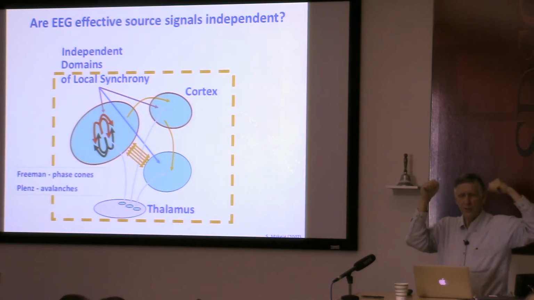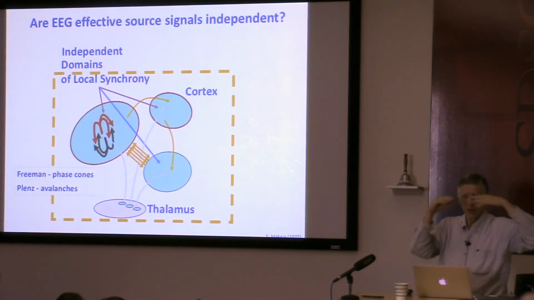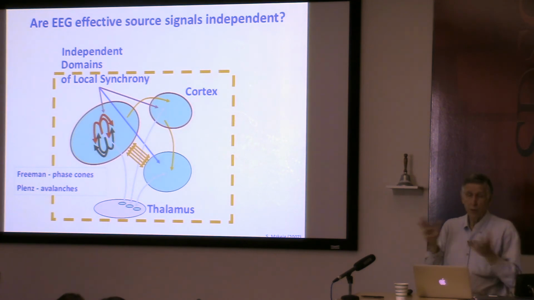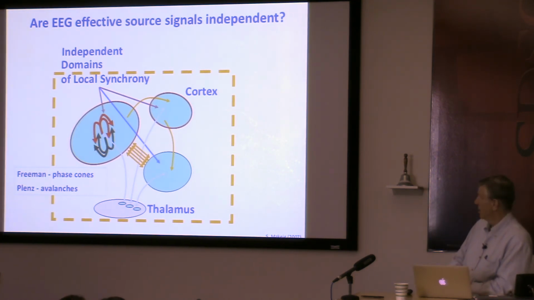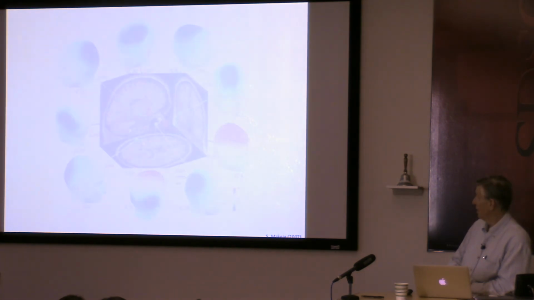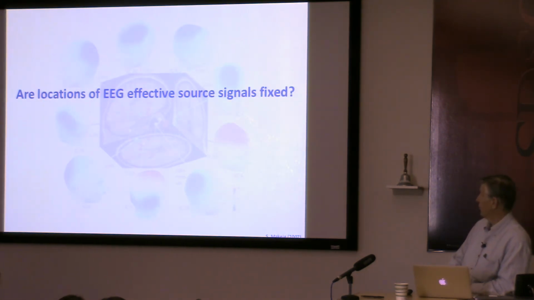And so you could have something like resonant activity that was synchronized across corpus callosum or other densely coupled distant areas. In that case, you'd expect the dual dipole model would fit the projection to the scalp very well. And that, of course, is just what we saw.